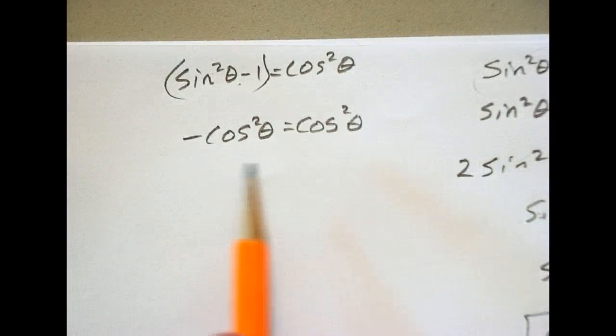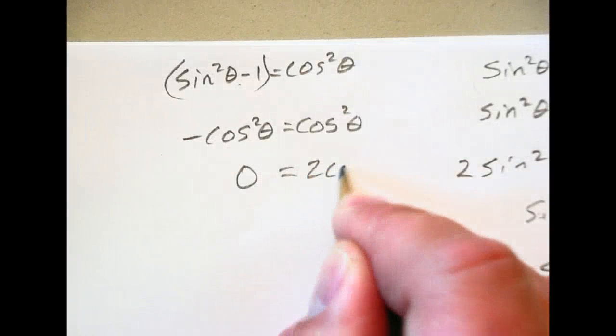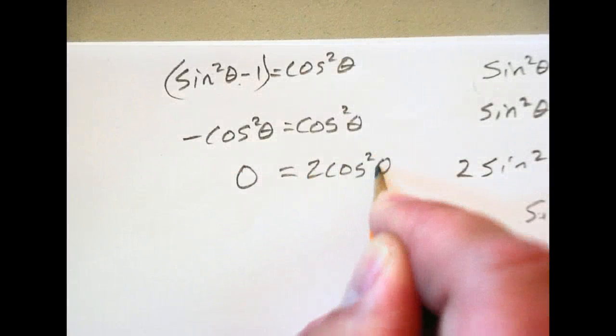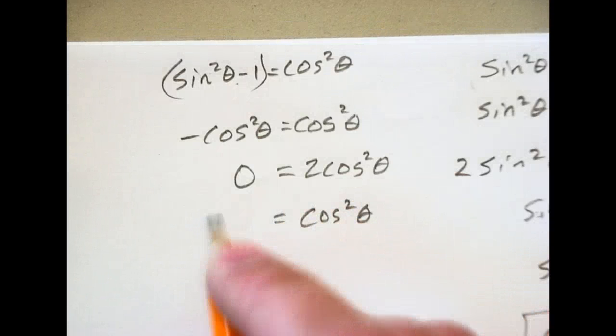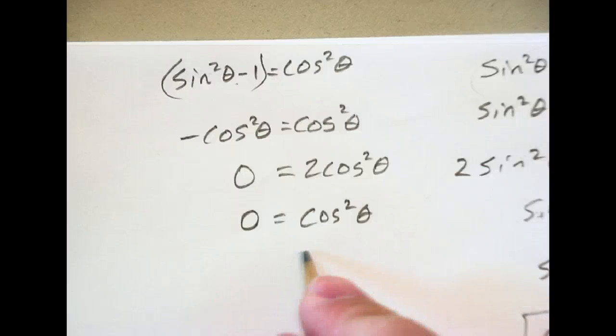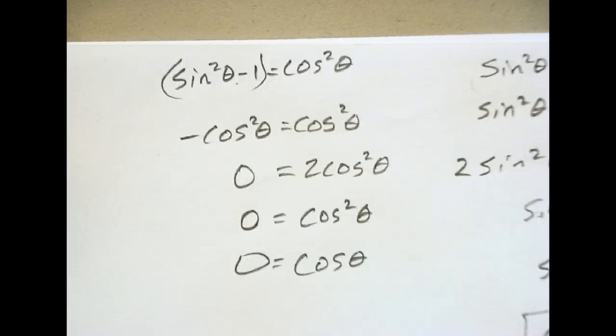And from there, that's 0 equals 2 cos squared theta, which means cos squared, you divide both sides by 2, is equal to 0. And cos then is equal to 0, and cosine equals 0 at 90 and 270. So you get the same answers. Doesn't matter which way you do it.